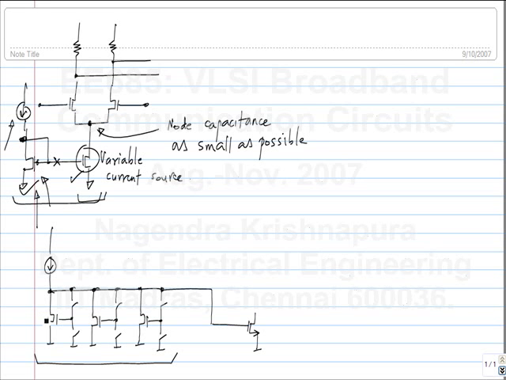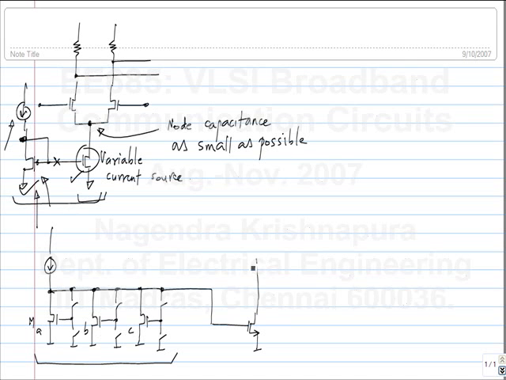So if you have the smallest transistor on this side, you get the largest current multiplication, and if you have all transistors connected, you get the smallest current. And all 3 transistors here, let's say M, A, B and C, they don't have to be equal. You can make them in factors of 2 or something, so that you can also get binary weighted weights. So with different switch combinations, you can get different weights. So this is the idea.